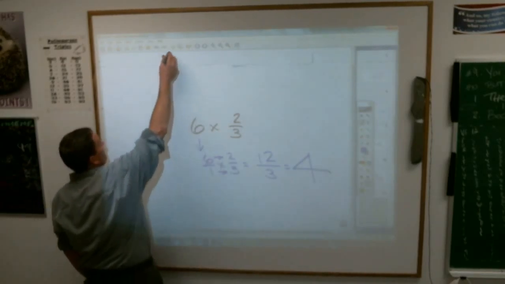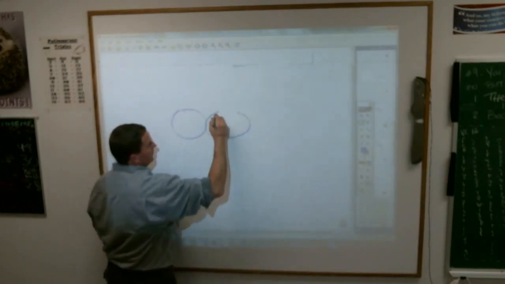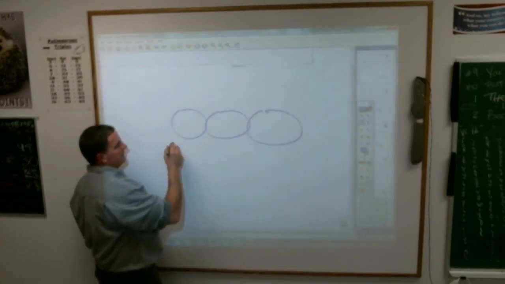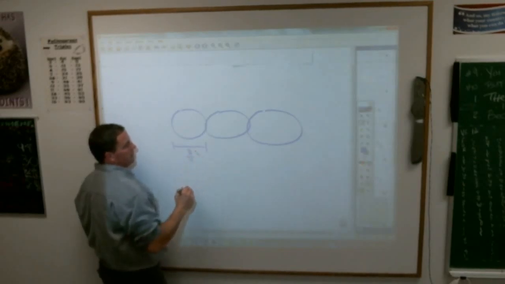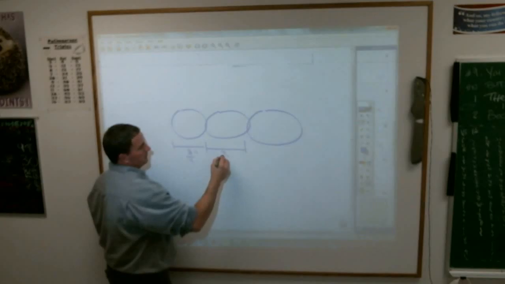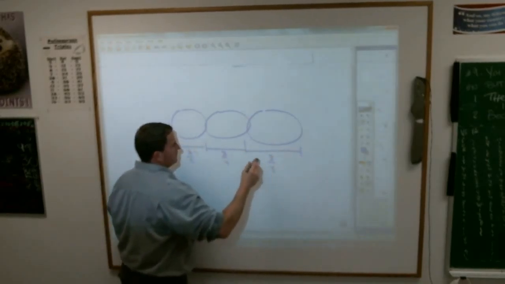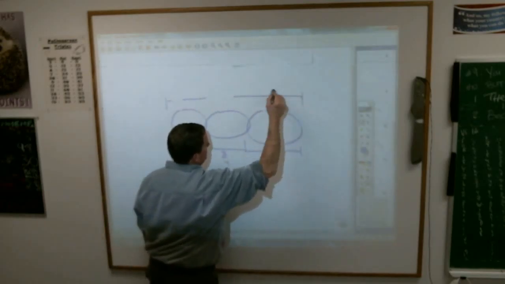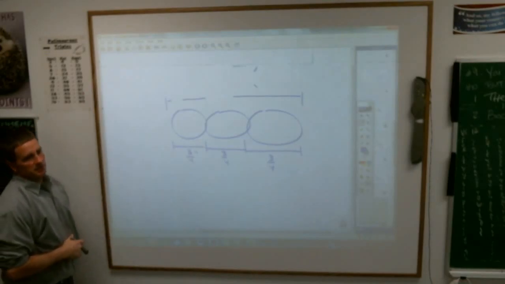Here's a problem right out of the book. It says you have 3 pennies side by side by side, and each penny is 3/4 of an inch long. How far is it between the edges of the pennies? Now, we're not going to add these together because multiplying is much faster.